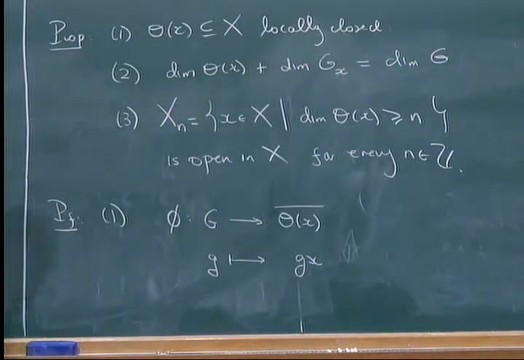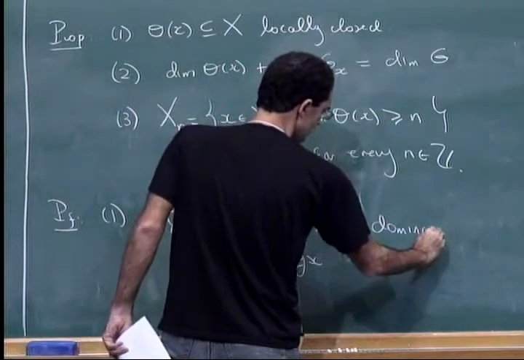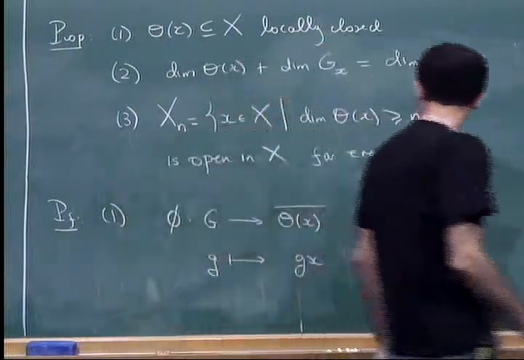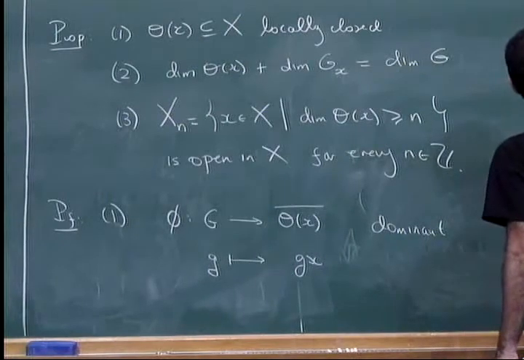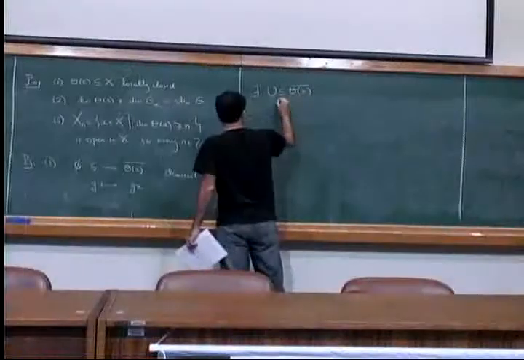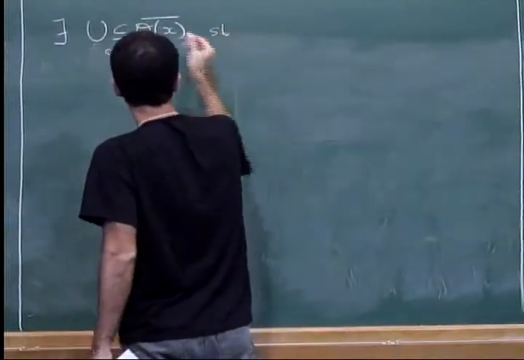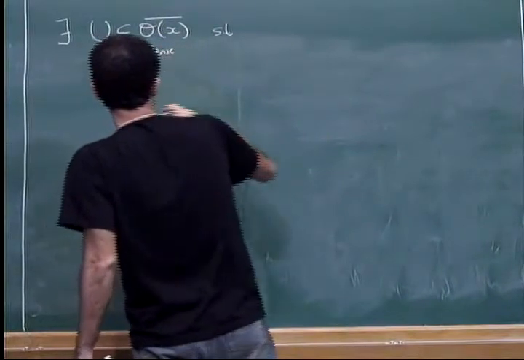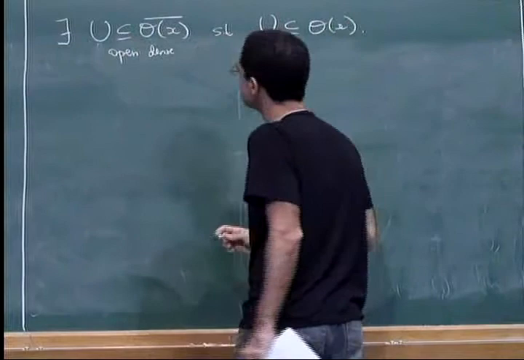What happens is that, of course, this map is dominant, since the image is the orbit. And for a dominant map, we know that there is an open subset U contained in the image, which in this case is the orbit.